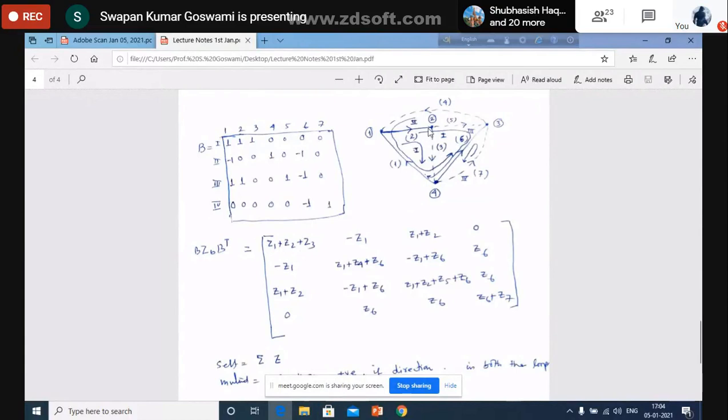In loop 2, elements are 4, 1, and 6, summation of all these 3 impedances. In loop 3, element number 5 is forming loop 3, so that means 5, 6, 1 and 2. Similarly, loop 4 is 6, 7, summation.